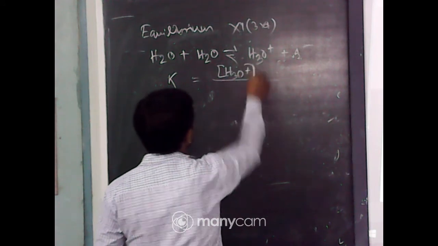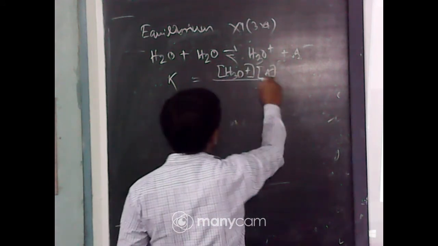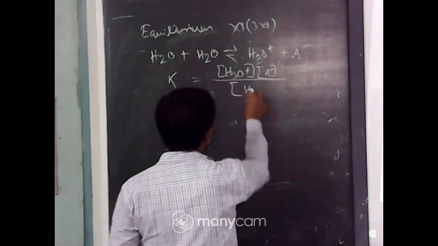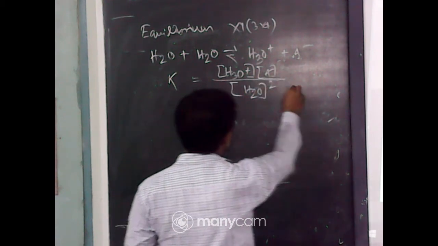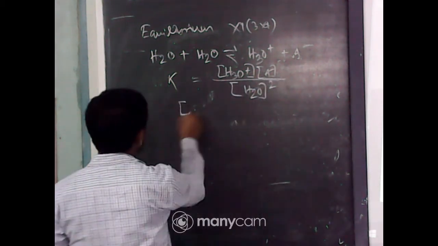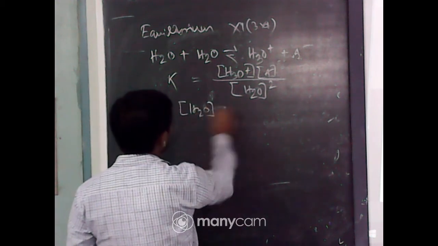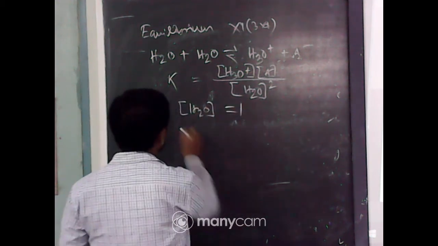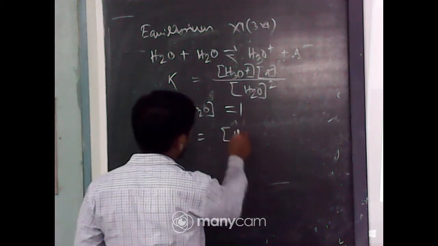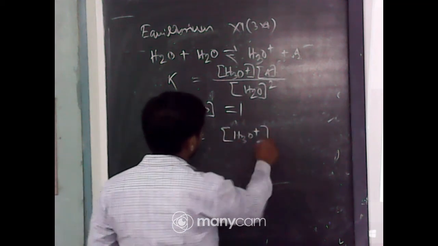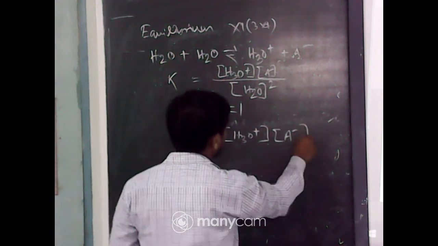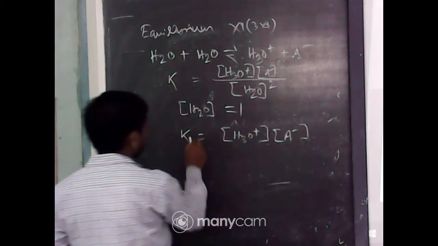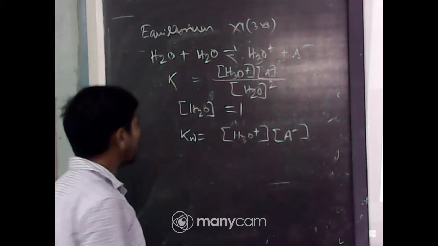It is the concentration of H3O plus, concentration of OH minus, divided by concentration of H2O squared. Now, the concentration of H2O is taken as 1, so K equals concentration of H3O plus into concentration of OH minus. It is represented as Kw.